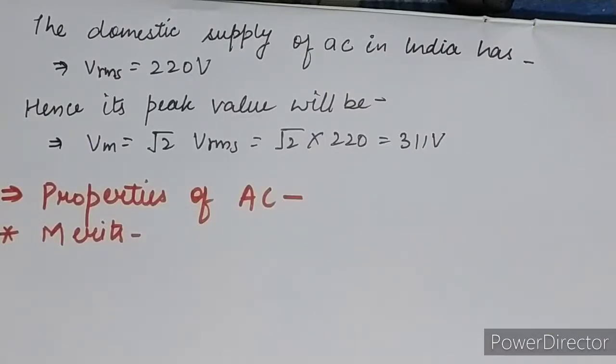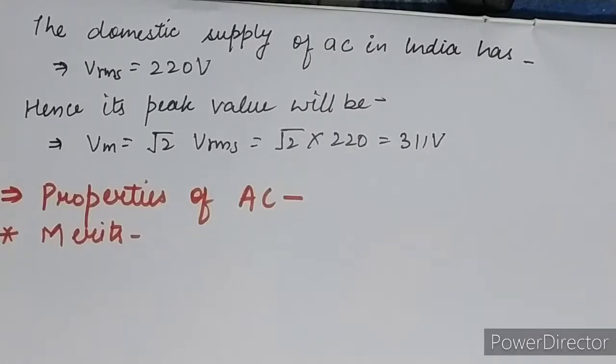It means AC is very convenient for long distance transmission, because it can be stepped up or stepped down, and at high voltage and low current there is a very small amount of power loss.